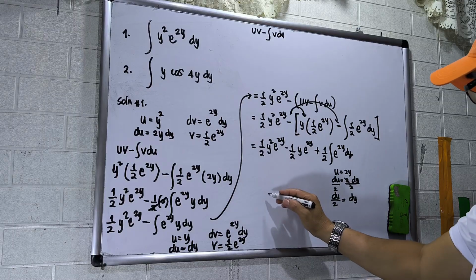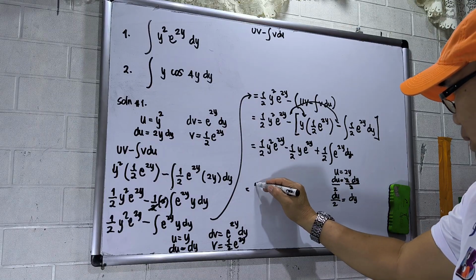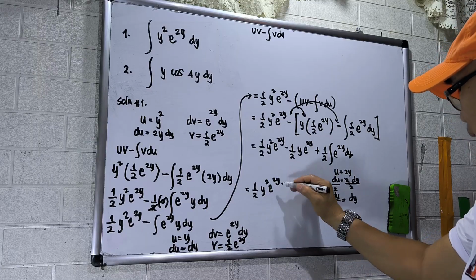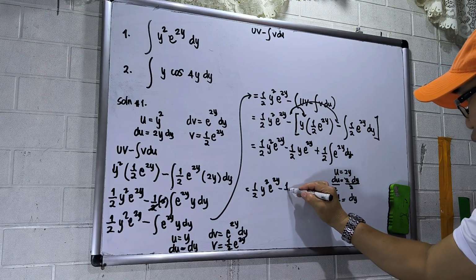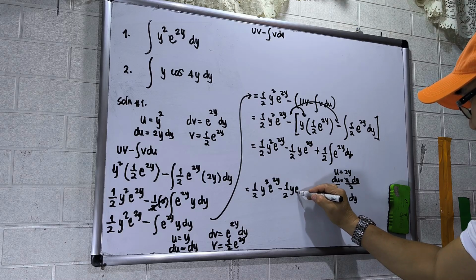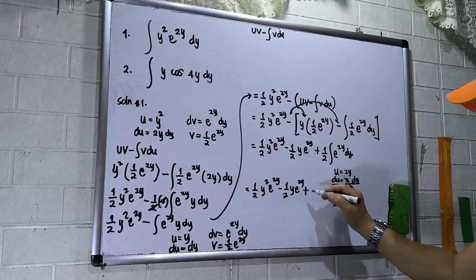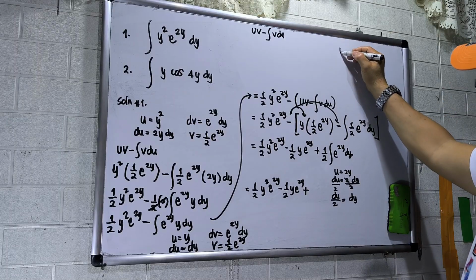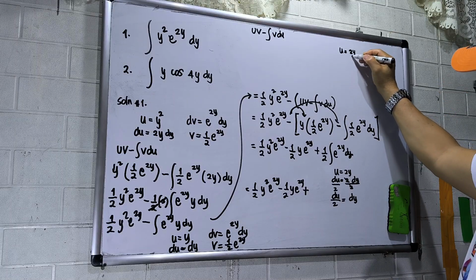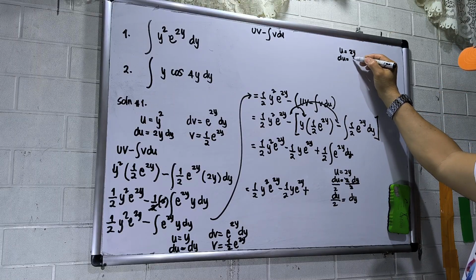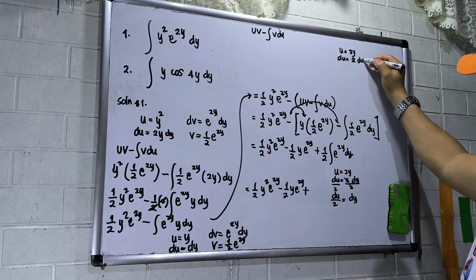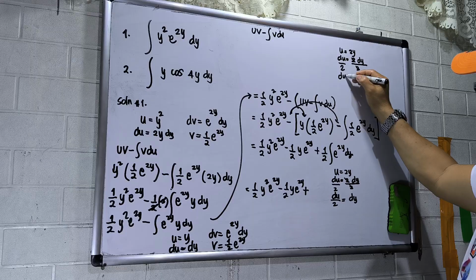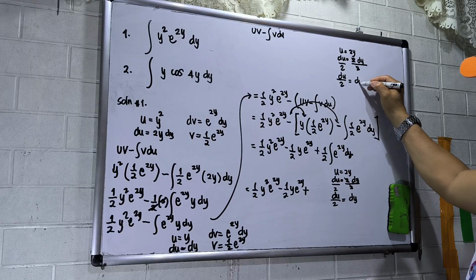So this will be 1 over 2 y squared e to the 2y minus 1 over 2 y e to the 2y plus. I'll just transfer this one. So u is 2y and then du will be 2 dy. Divide by 2, cross out. So I have now du over 2 is equal to dy.